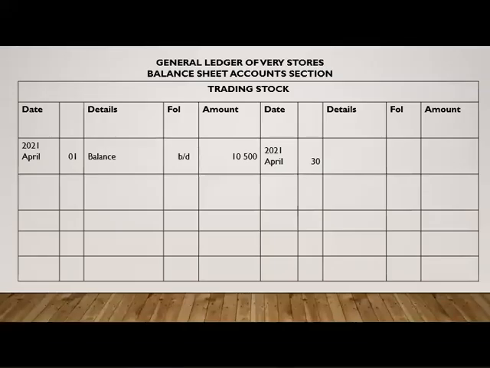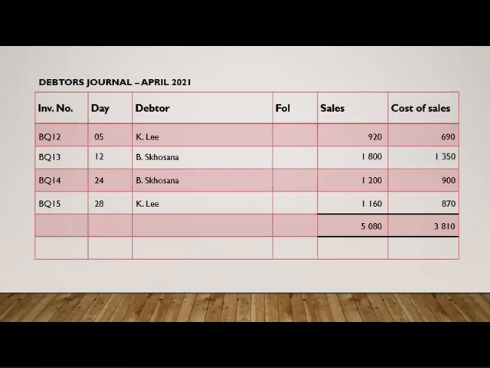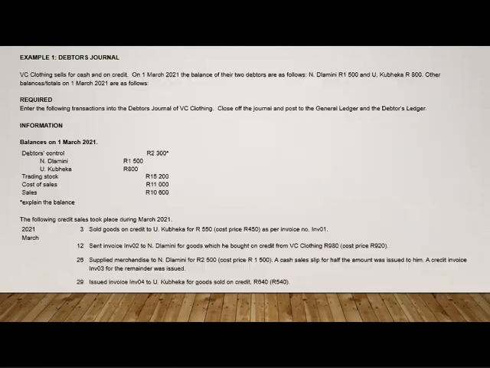Now we're going to have cost of sales, and then I will simply have DJ, which is 3,810, and this represents the total amount of cost of sales that was recorded in the debtors journal. There it is over there, which is 3,810. It will be recorded on the credit side of your trading stock account. There were also goods that we sold for cash, so that will also reduce our trading stock account.